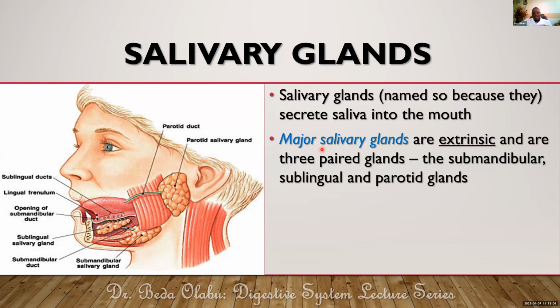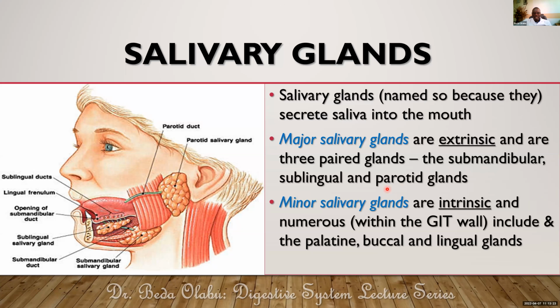They exist in pairs. There are three: submandibular gland, sublingual gland, and the parotid salivary gland. So they're in pairs, which means you have right and left. Those are the major salivary glands. But saliva is also produced by the minor salivary glands. Minor salivary glands are intrinsic glands, which means they're within the wall of the GIT, and in this case, within the wall of the mouth.